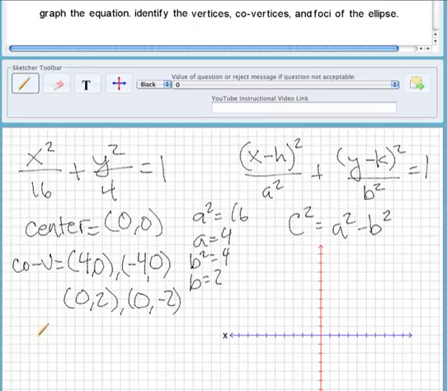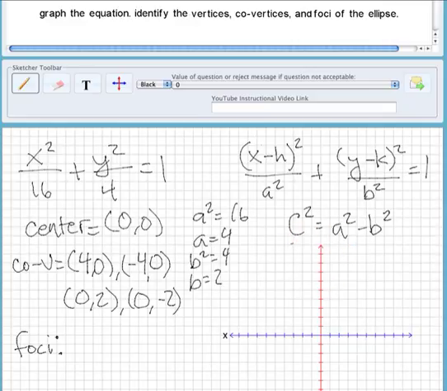And then the foci are going to be c away, and that's going to be along the x because the a is under the x in this case, and that means this is going to be a horizontally facing ellipse. So the foci are going to be c away.